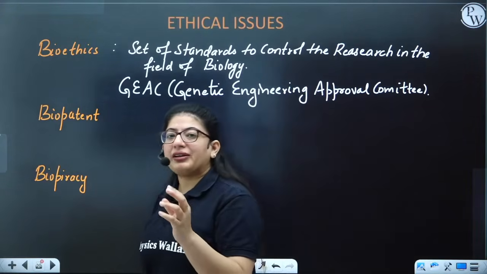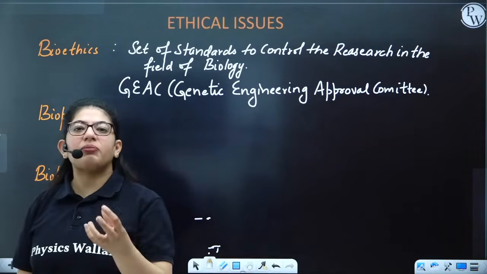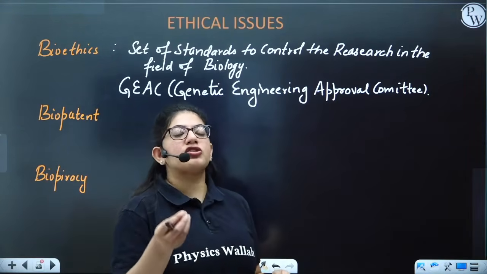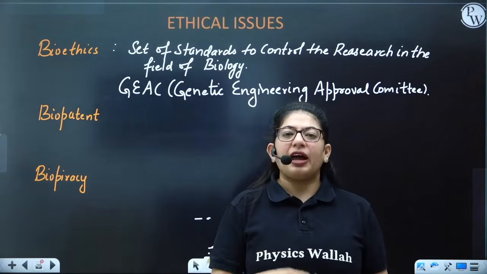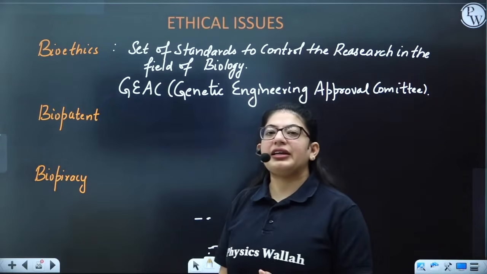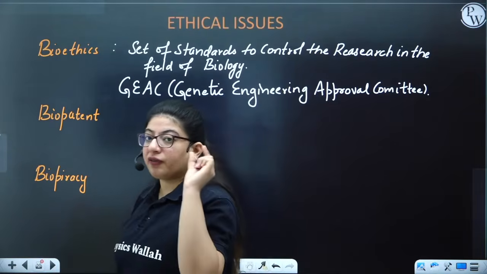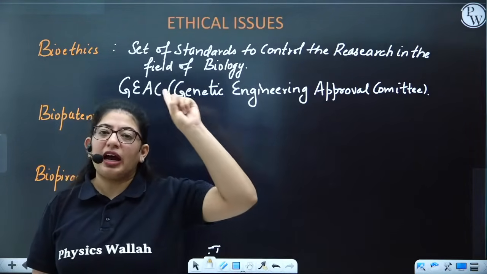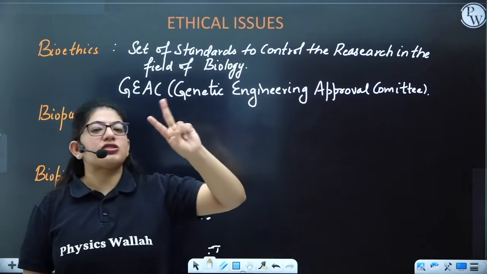So biopatents are the rights given by the government only to the person who has done the invention or discovery. It can be for a lifetime, it can be for a shorter period of time, but these people will only get the patent of that particular research or invention if that invention is new, that means it has novelty. Second, it's non-obviousness.